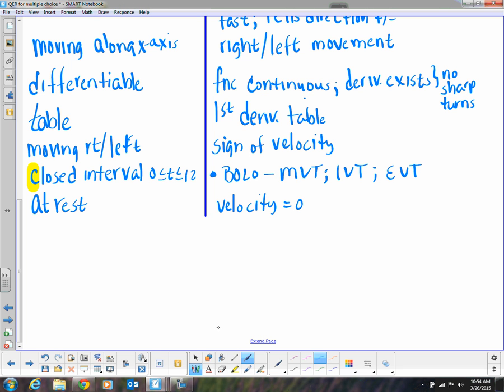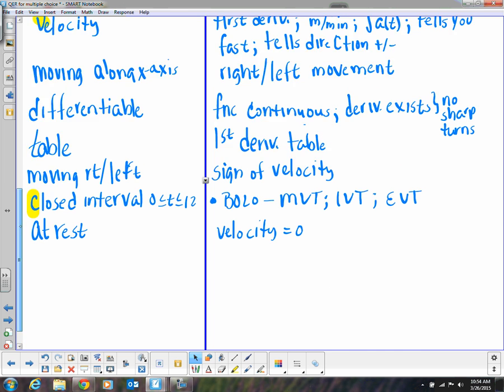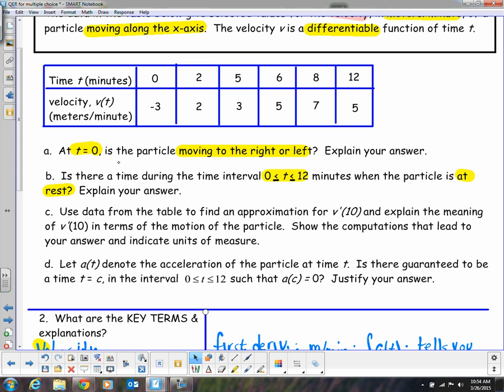If you're at rest, you're not moving, right? So, do you see how those two little words could be easily overlooked? Is it going to come to you highlighted? No. So these will be underlined on the AP exam.